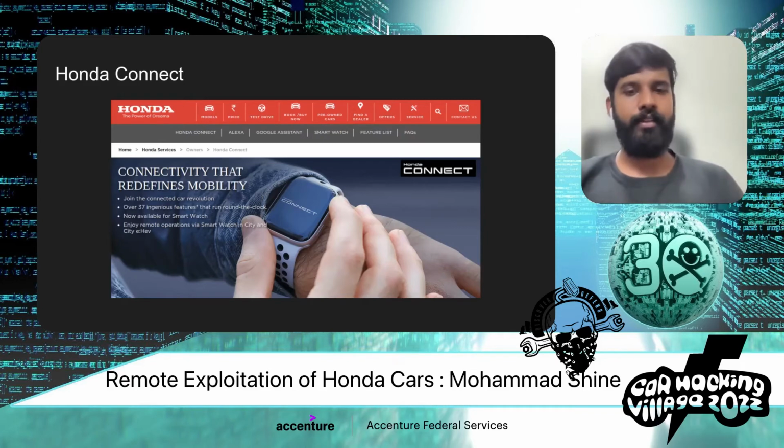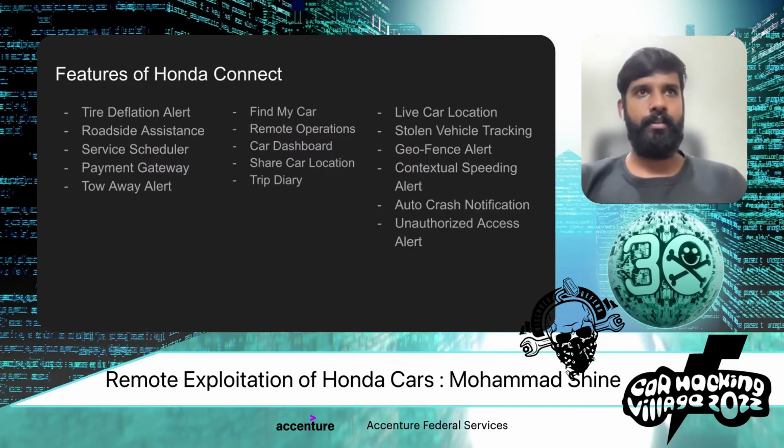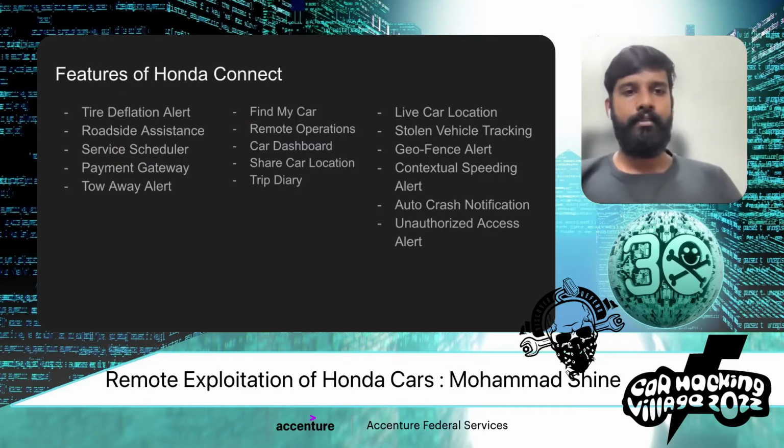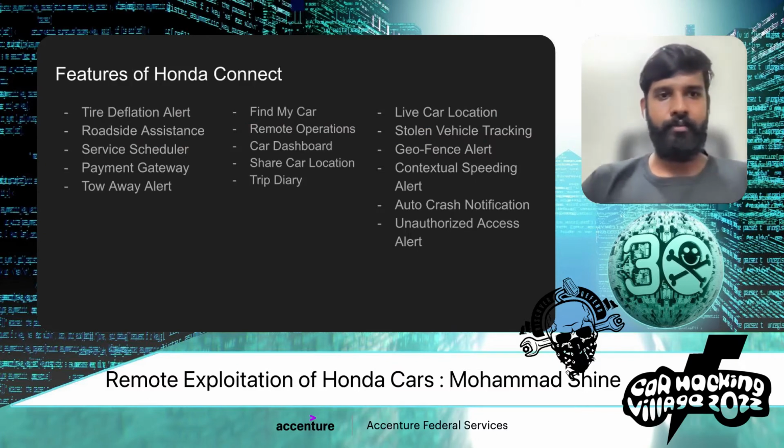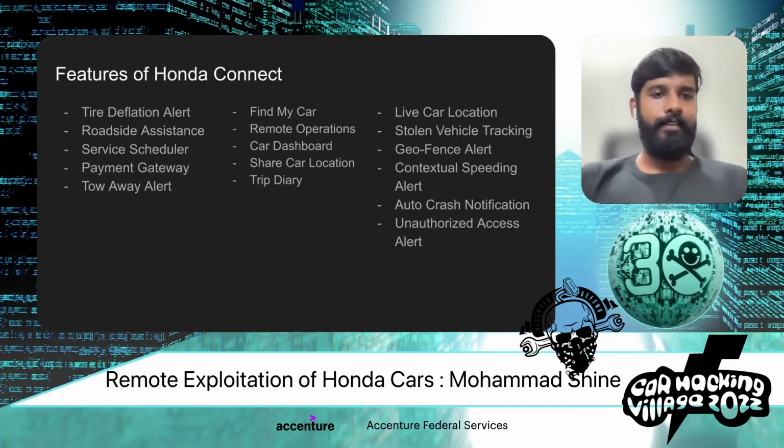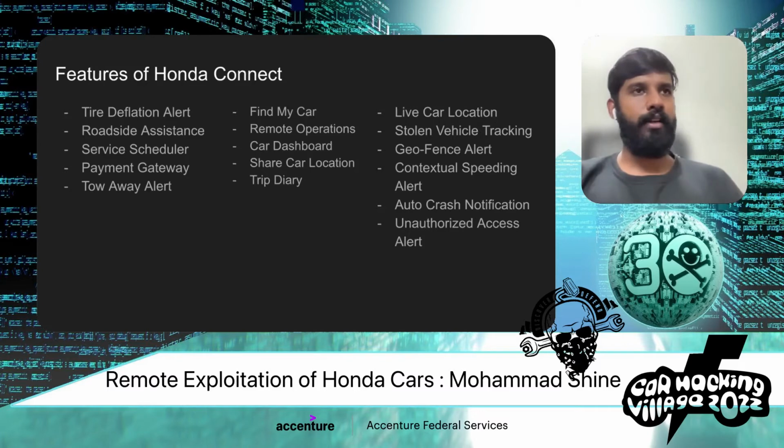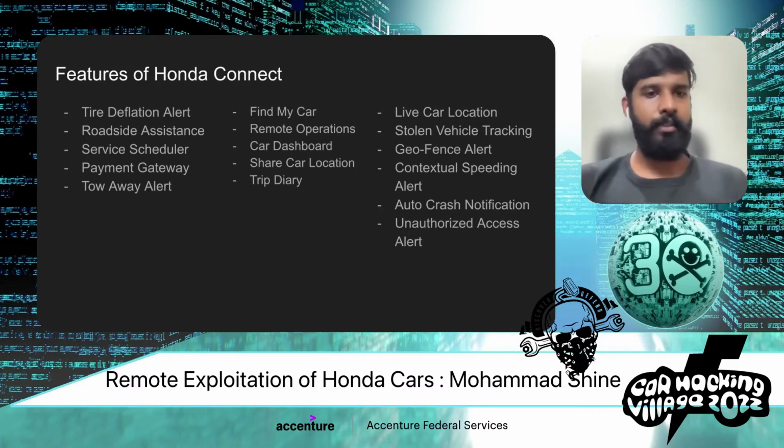So I started researching the mobile application completely, and these were the features of Honda Connect. For example, there's a tire deflation alert, which means it contains a TPMS, and it contains almost everything that can be performed in the car.